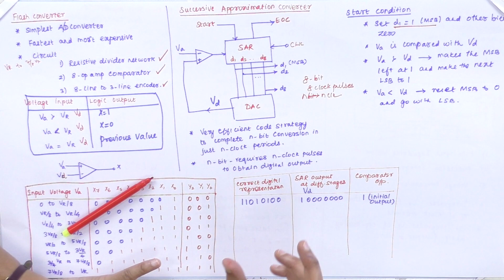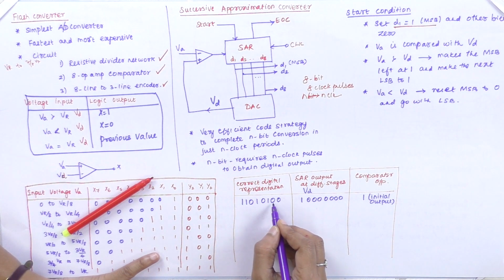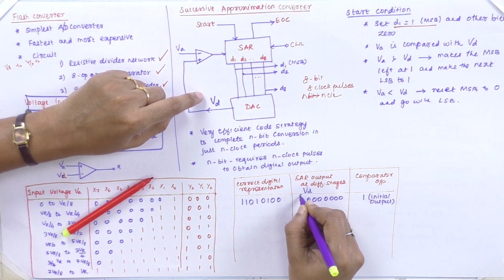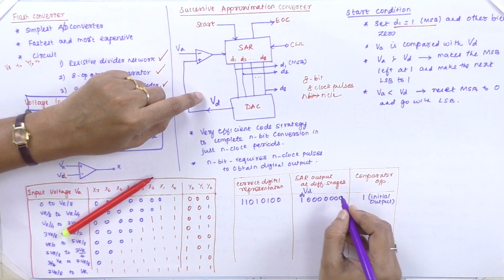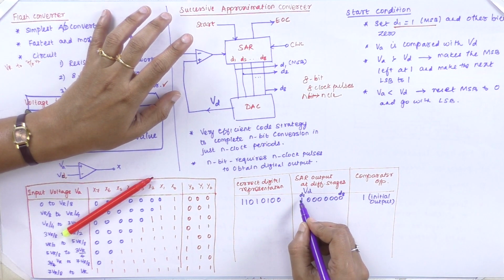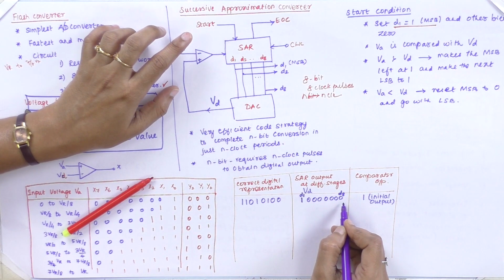So here a correct digital representation 1101 0100 is given. It's like an 8-bit word. Here we start with D1 terminal as the least significant bit and D8 as the most significant bit. So I make my first bit 1 and the rest other bits 0.